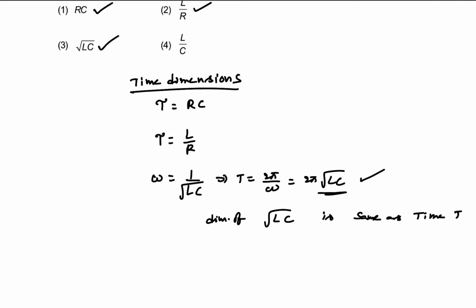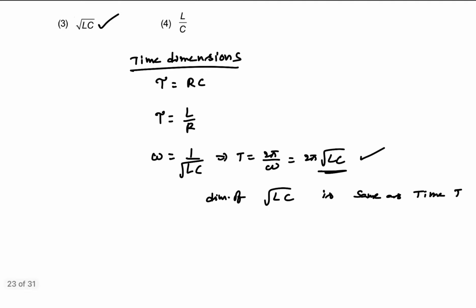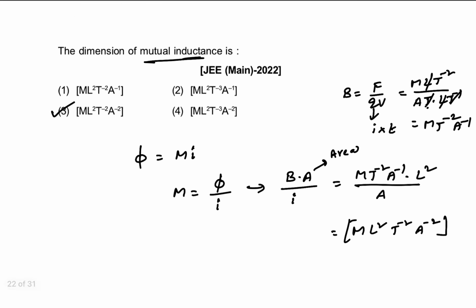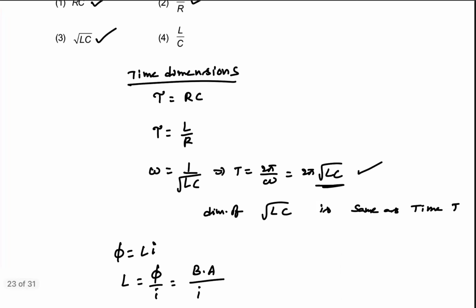If you write L by C, inductance divided by capacitance, it does not have the dimension of time. If you want, you can check the dimension of L: flux is equal to Li, so L is equal to flux divided by current. Flux is nothing but B into area, divided by current. I have written that just now.